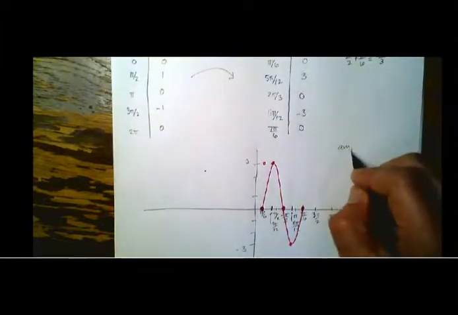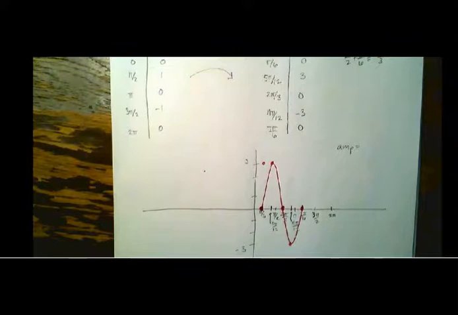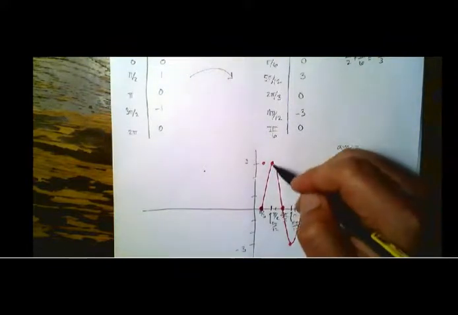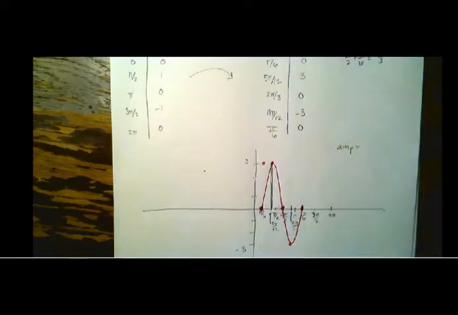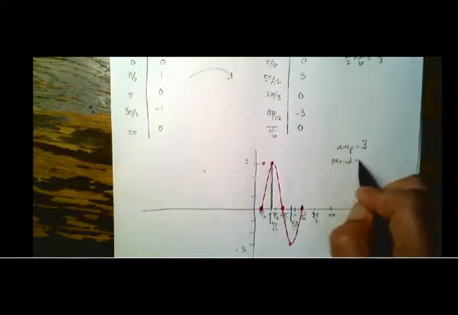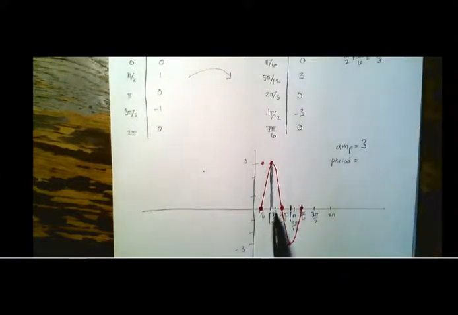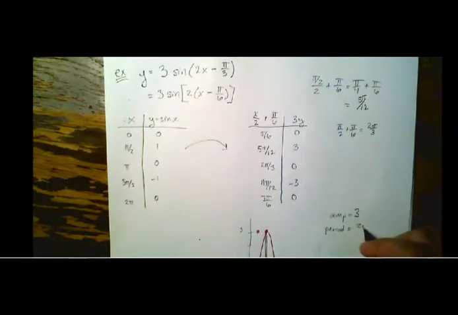The amplitude is how tall it gets from the axis of symmetry, right? So here, that would be 3. Period is, now the period is in between pi over 6 and 7 pi over 6, right? In fact, the period can always be calculated by doing the original period, which is 2 pi, divided by the b value, which is 2 here.